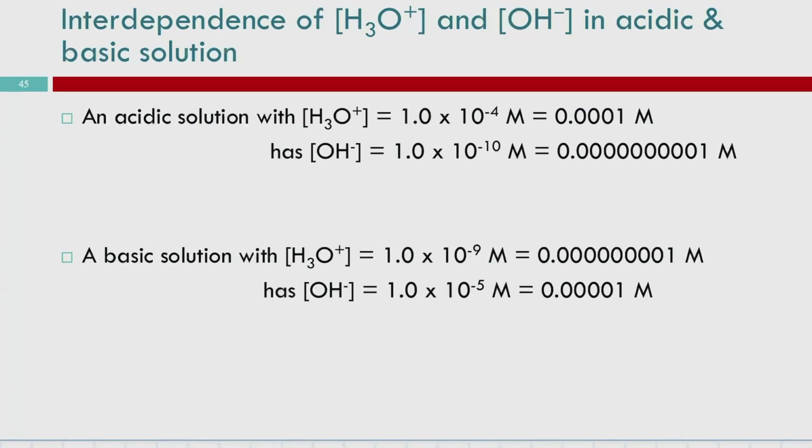Oftentimes when we're talking about acid and base, people get confused because we're dealing with negative exponents. So I've written out the decimal form of those negative exponents as well. So we're looking at an acidic solution. It's got an H3O plus concentration of 1 times 10 to the minus 4 molar and a hydroxide concentration of 1 times 10 to the minus 10.